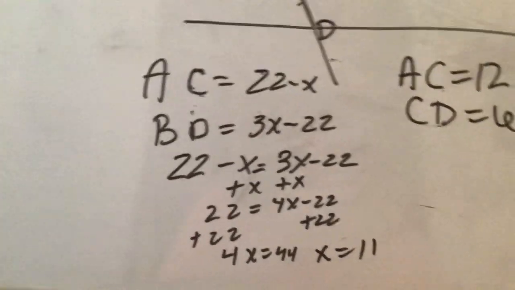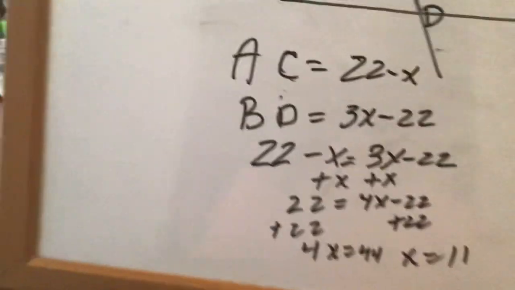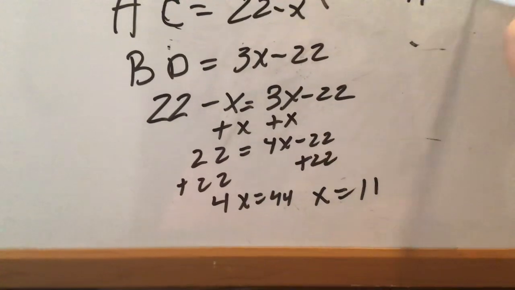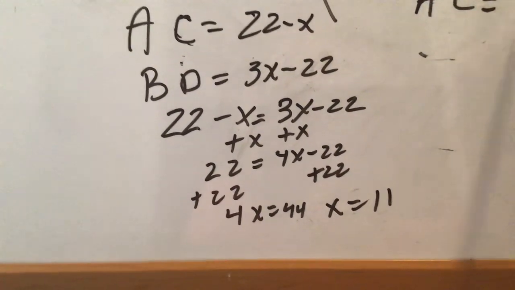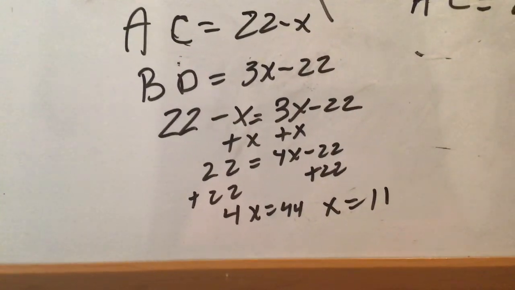So now you might have a problem that says, let's say that AC equals 2x plus 10.